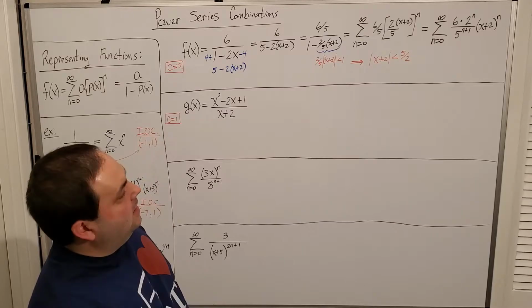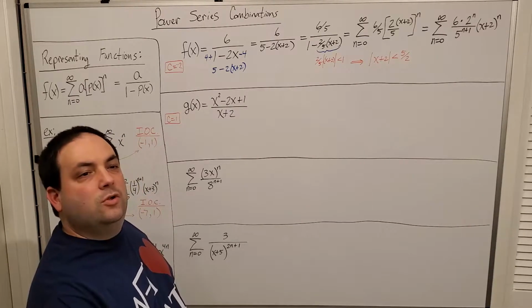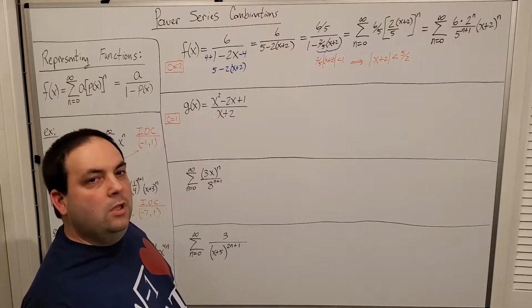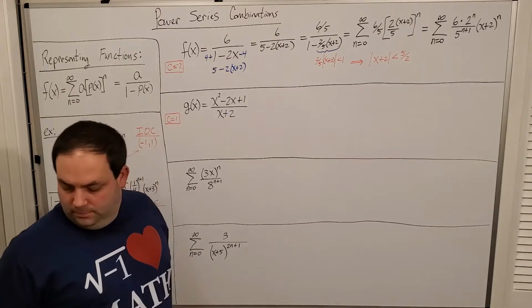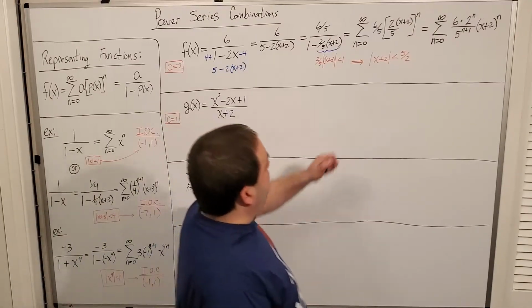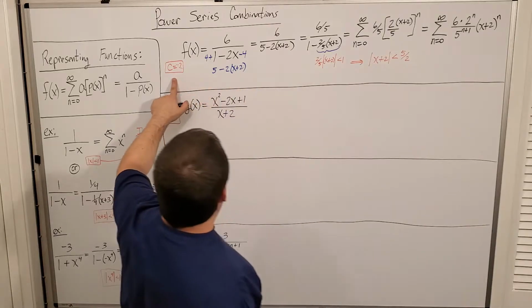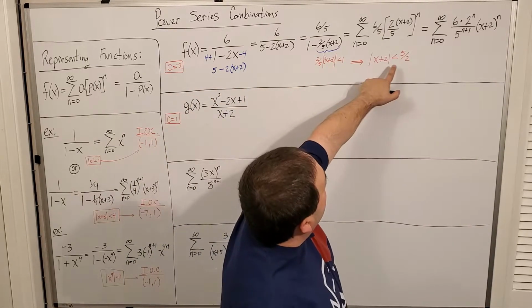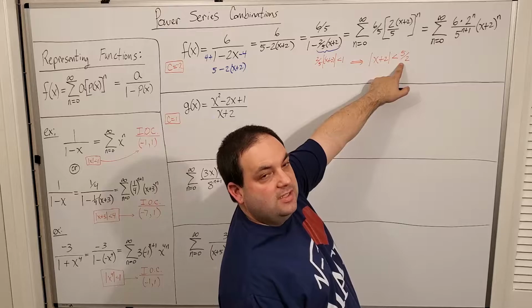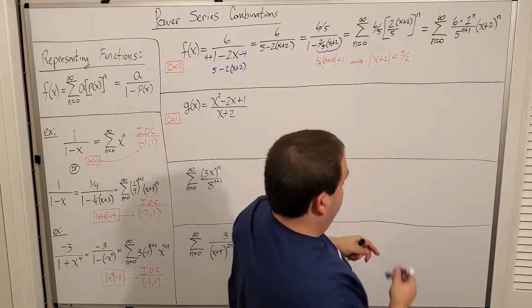So that right there is going to tell me my radius and center, and I can turn that into an interval of convergence, right? The center is, as requested, -2. And then my radius of convergence is now 5/2.